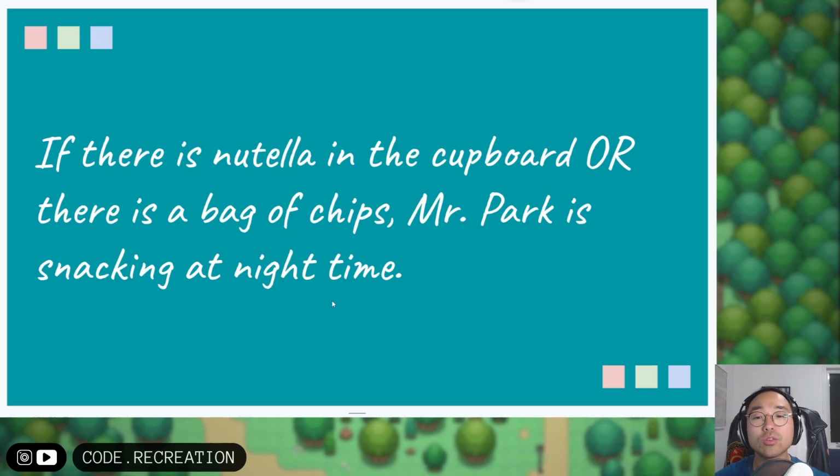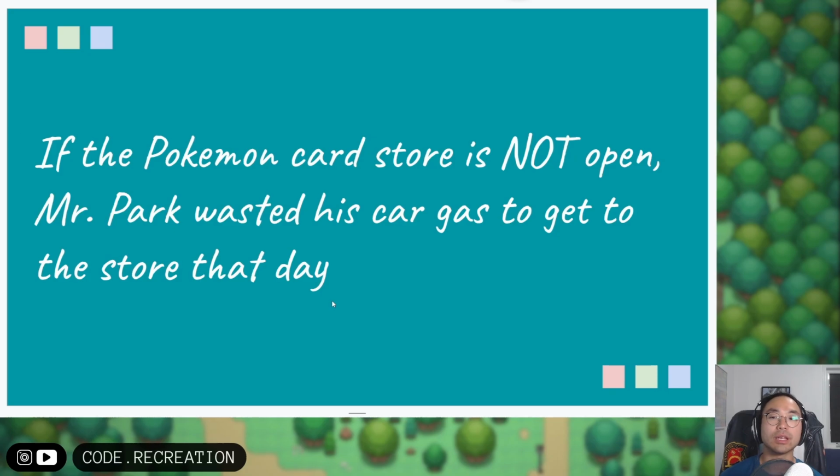As long as one of the statements is true, or even both of the statements of there being Nutella in the cupboards or a bag of chips, I get to snack at nighttime. Thirdly, if the Pokemon card store is not open, Mr. Park wasted his car gas to get to the store that day, right? This means that I could have said if the Pokemon card store is closed, but we can also use a not operator to reverse something that is either true or false.